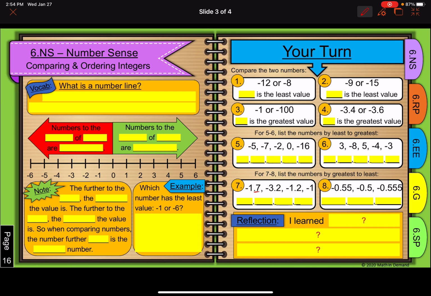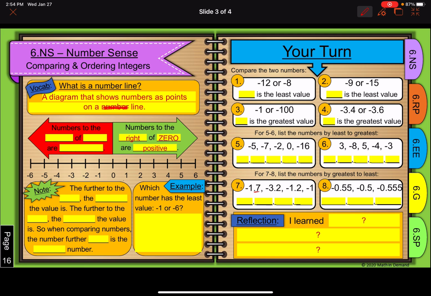All right, so a reminder, your number line is a diagram that shows numbers as points on a line, just on a line. Now all the numbers that are to the right of 0, we already talked about this. We know that those are your positive numbers.